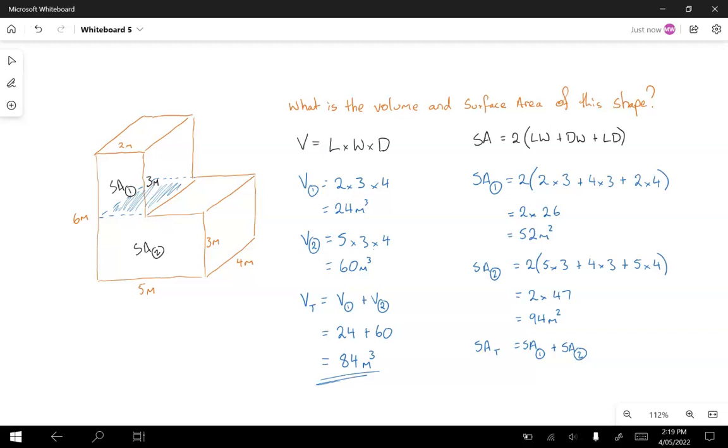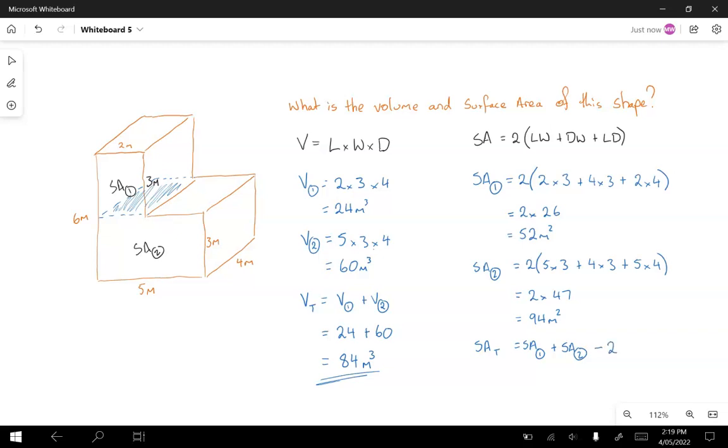Because if we go back over to our drawing and we have a look at the area that is shaded in blue between the two shapes, remember that those two areas are pressed together. Imagine there's glue in there. So this is the set of steps that we want to carpet on the outsides. They're no longer part of the surface area. They're internal space now. So we have to remember to take 2 of those away.